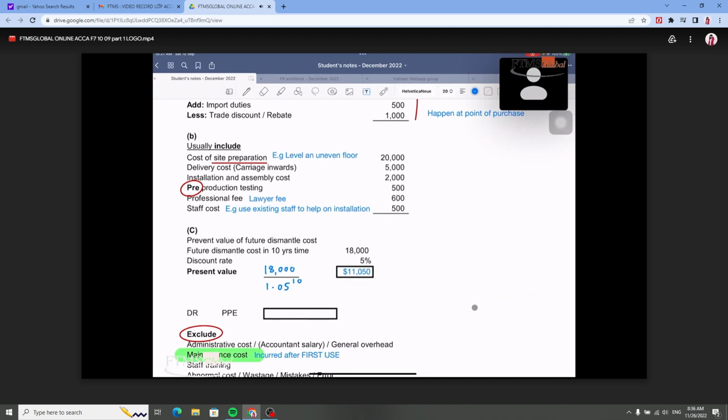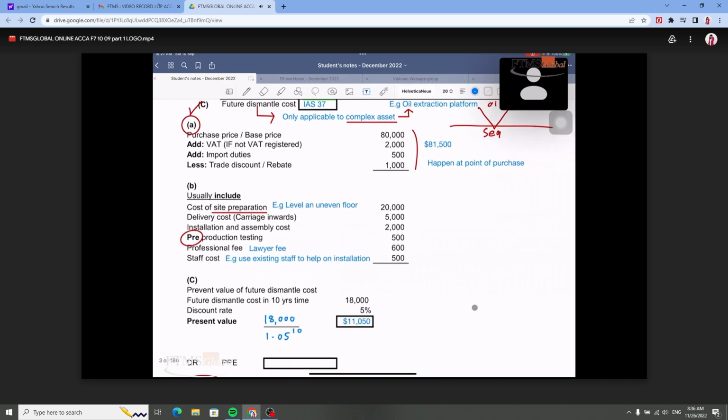Now we can do a summation. A is this price, 81,500. Then B, what I need to do is add this up, and I get about 28,600.